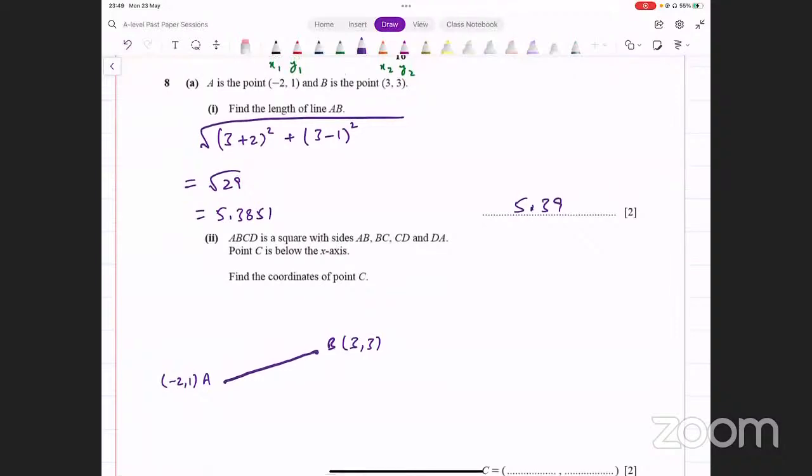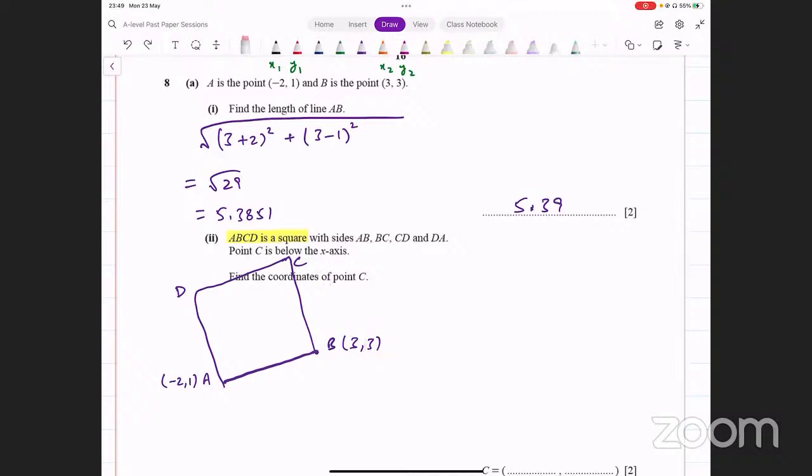ABCD has to be a square. अब square या तो आप ऊपर को इस तरह बना सकते हो. That's one possibility. उसमें C यहाँ पर आएगा, D यहाँ पर आएगा, लेकिन उसने कहा C is below the x-axis. अब ये ऊपर अगर आप बना दोगे तो below the x-axis तो नहीं होगा, because ये y coordinate already 3 है, तो वो तो C ऊपर चला जाएगा.